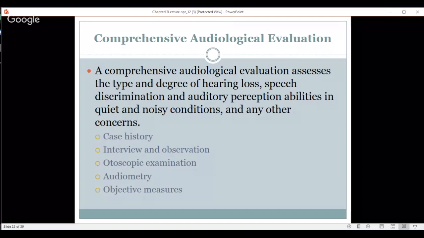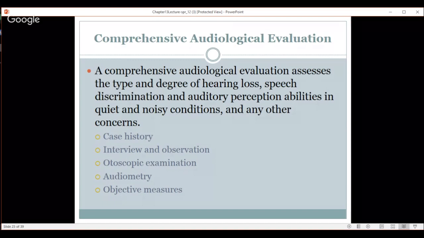And if you have ever had this done, you might remember going into a sound booth and having headphones put on your head, and the audiologist will be on the other side of the sound booth, most likely, and will be putting some sounds and maybe even some words into your ears, and you'll be responding by possibly pushing a button, raising a hand, dropping a block into a bucket. This is called play audiometry, and is often used with younger children.